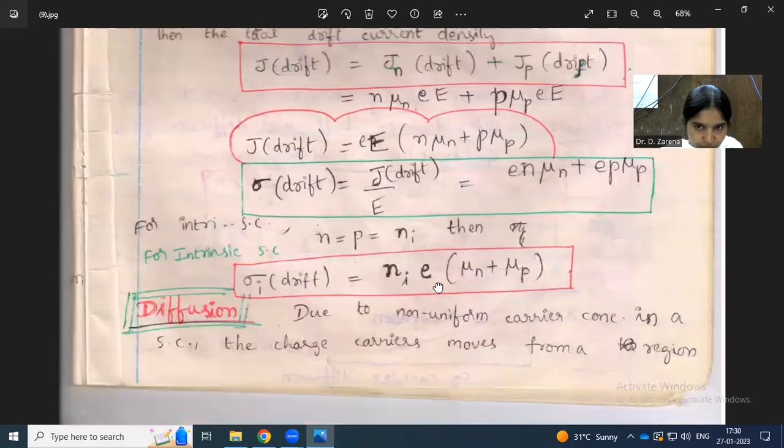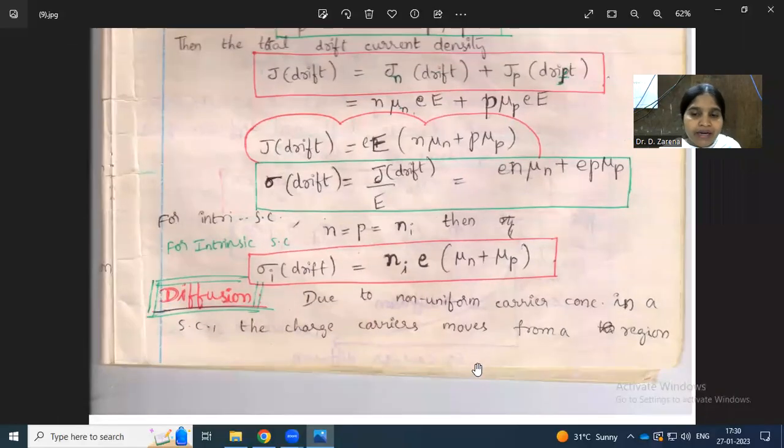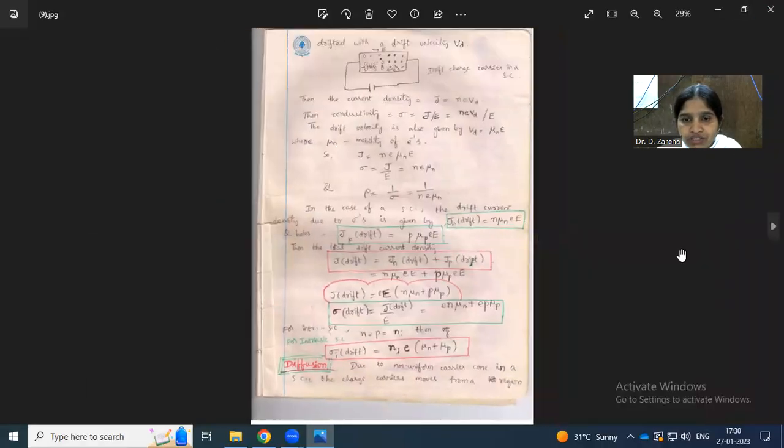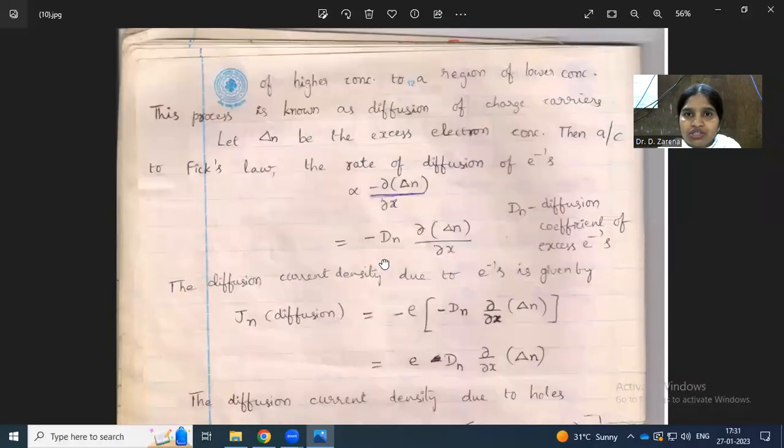We will see now. Due to non-uniform carrier concentration in a semiconductor, because in an extrinsic semiconductor, it can be either N-type or P-type, depending on the charge carrier type, the charge carriers, electrons and holes, can move from a region of higher concentration to a region of lower concentration, right?